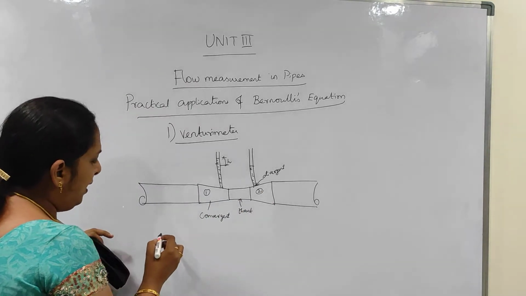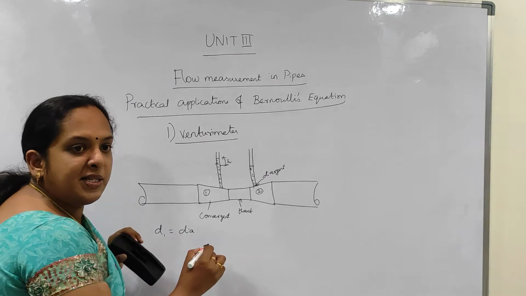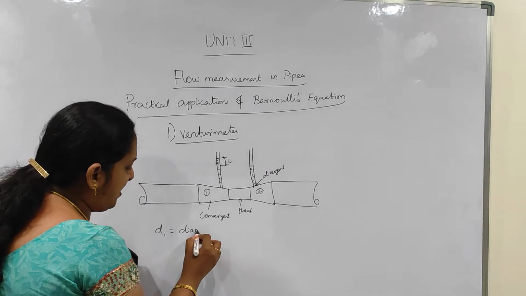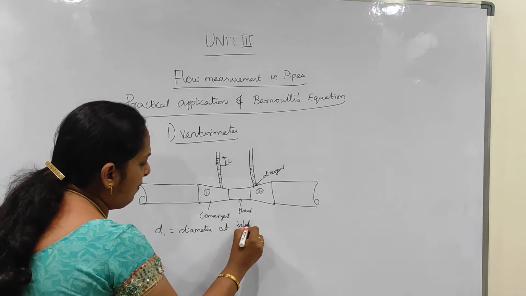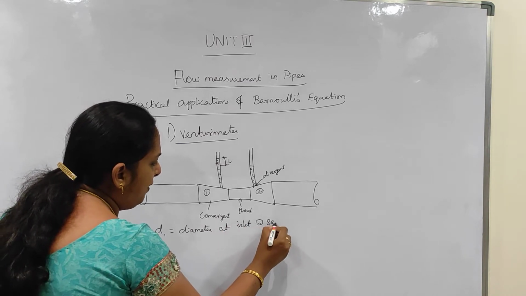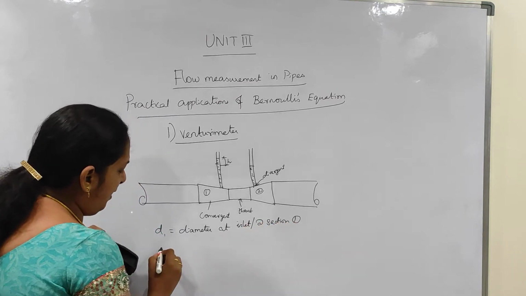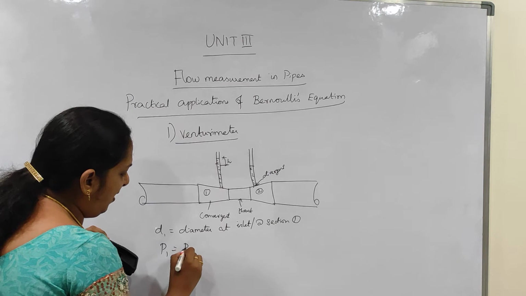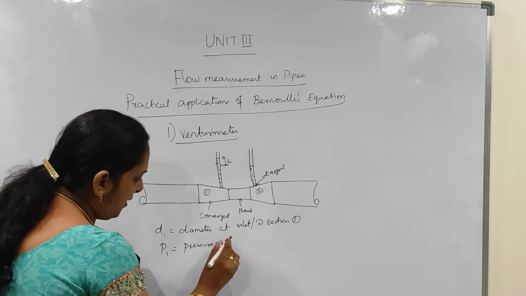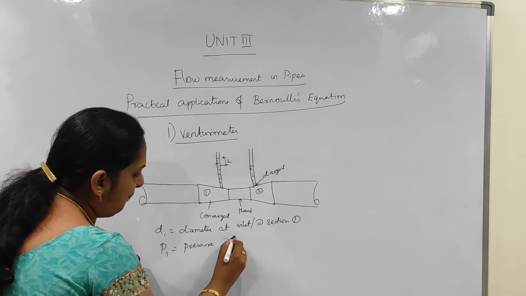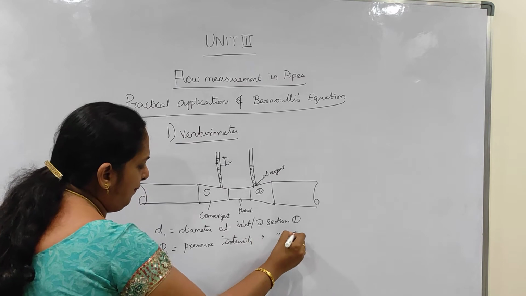Here D1 is the diameter at inlet, or the diameter at section 1. Similarly, P1 is the pressure intensity at section 1.